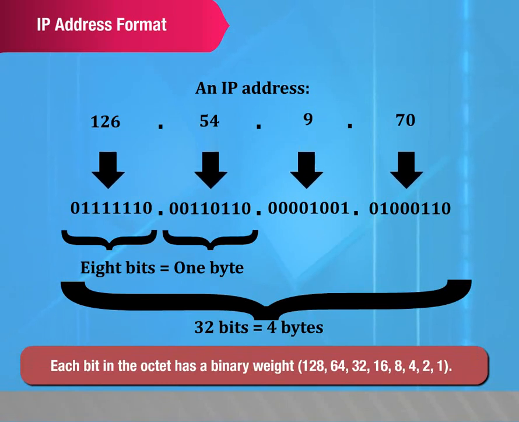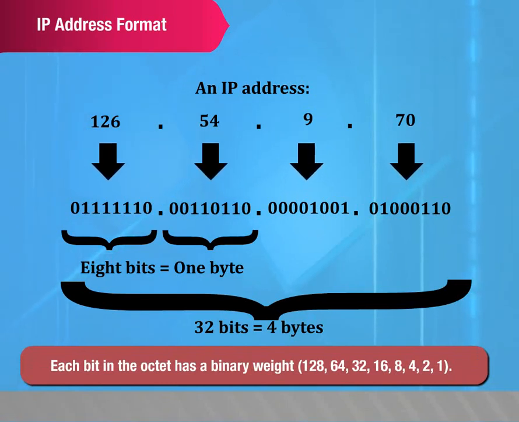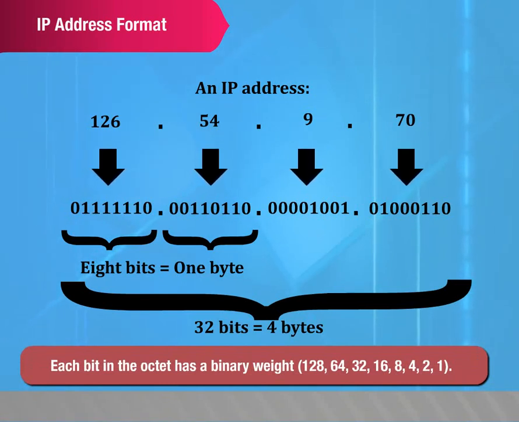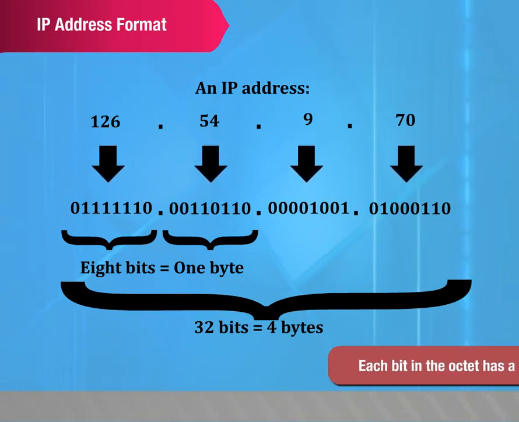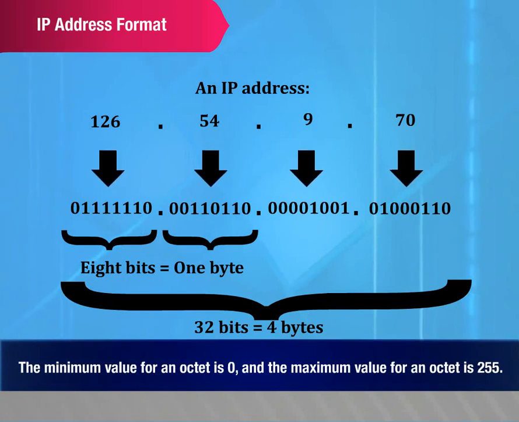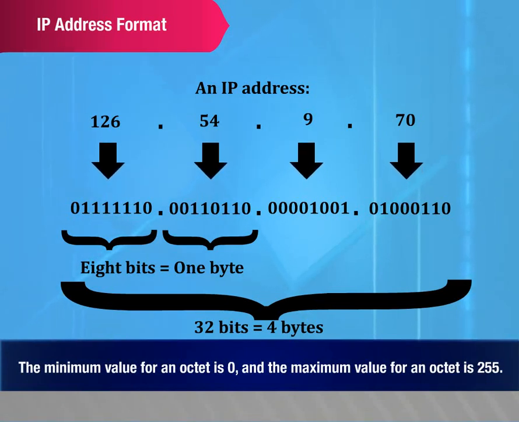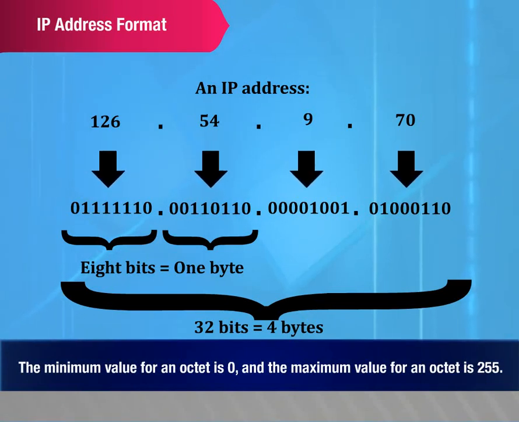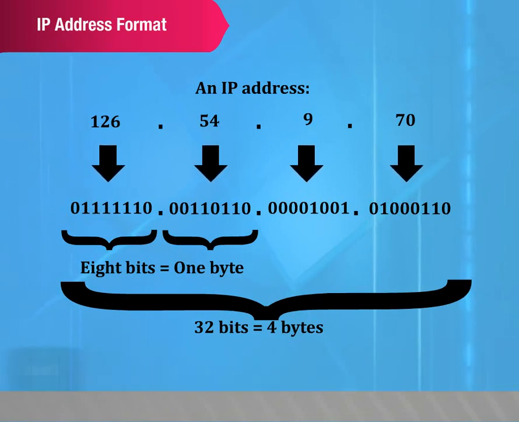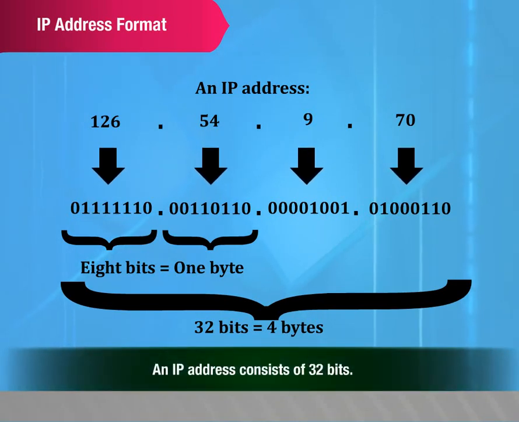Each bit in the octet has a binary weight: 128, 64, 32, 16, 8, 4, 2, 1. The minimum value for an octet is 0 and the maximum value for an octet is 255. An IP address consists of 32 bits.